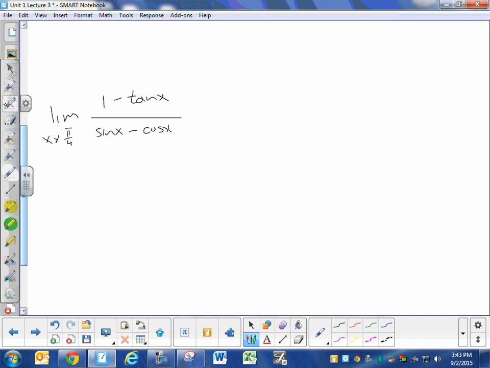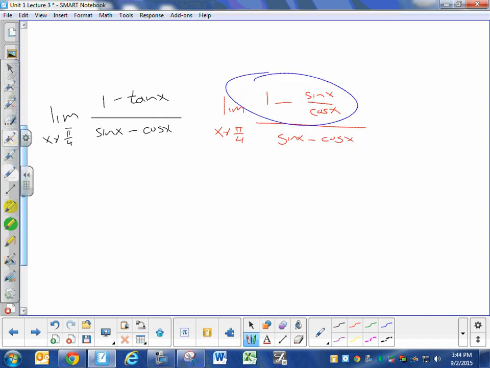I'm going to give you a hint to solve it right now so that you're ready for it and you can actually attempt it. The key is not only will you first start by writing this is sine over cosine, but you want to use a common denominator up here.